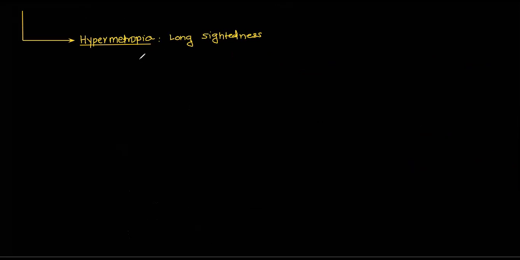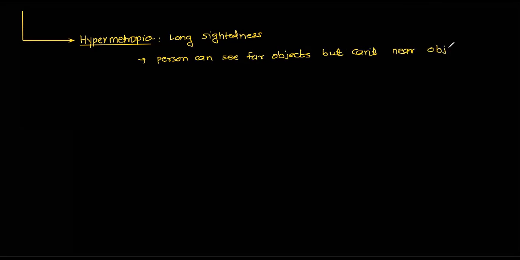In this, a person can see far objects but can't see near objects.